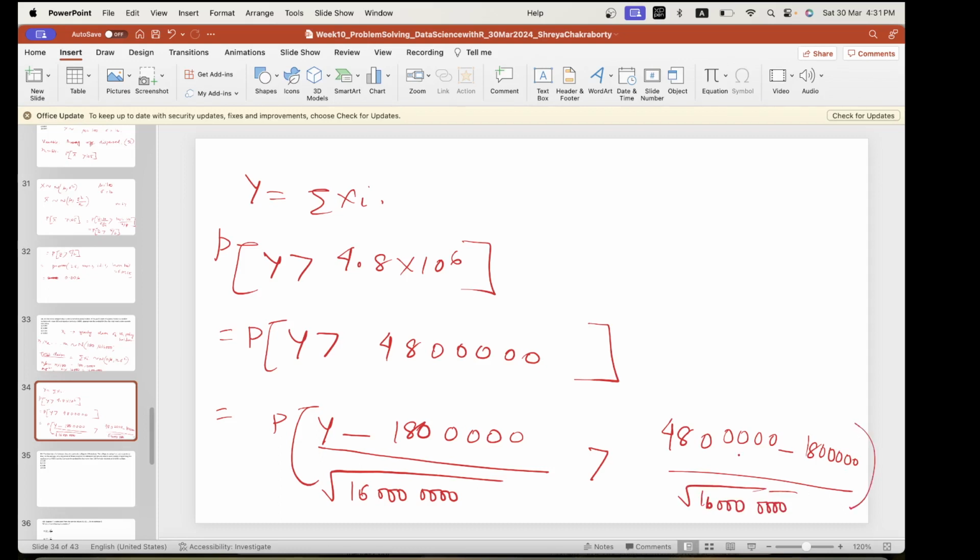Whatever this value comes up, we have to do a P norm.